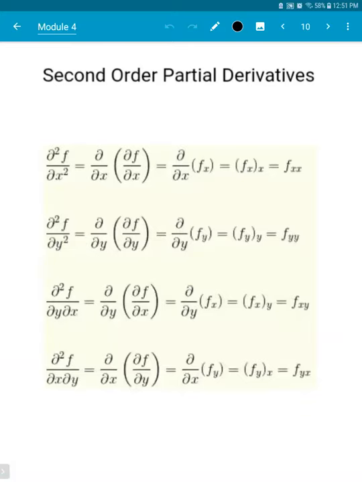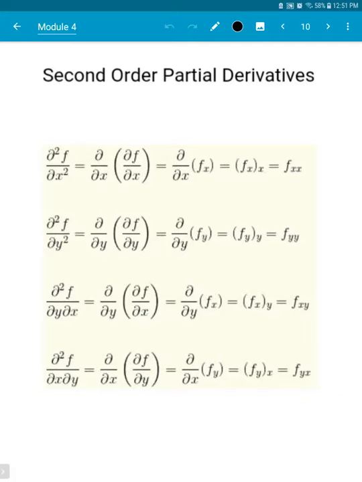Now we also have similar concepts for multivariable functions. So we will have 4 second order partial derivatives since we have 2 variables, x and y, 2 times 2, so 4 possible pairs.